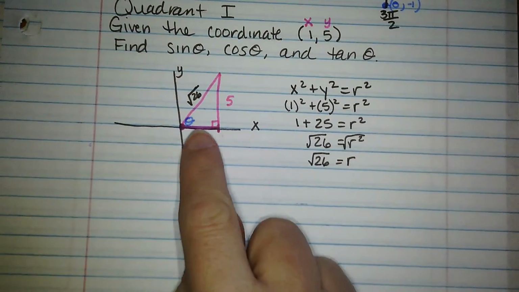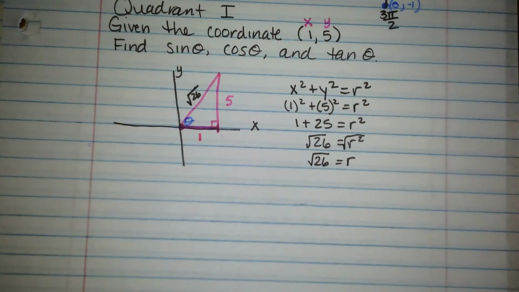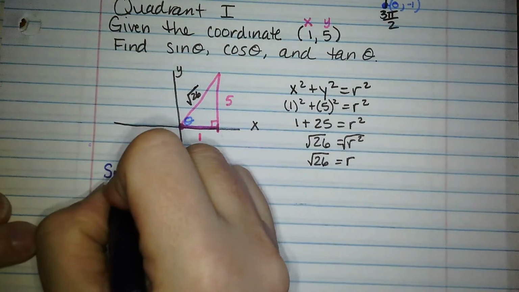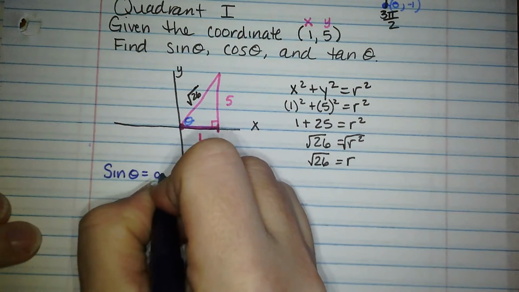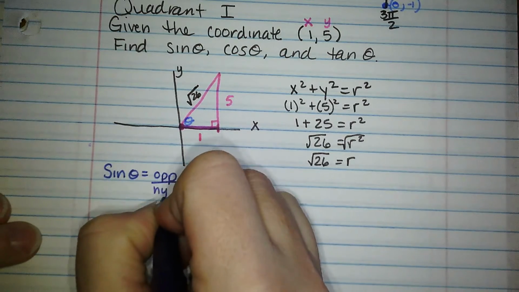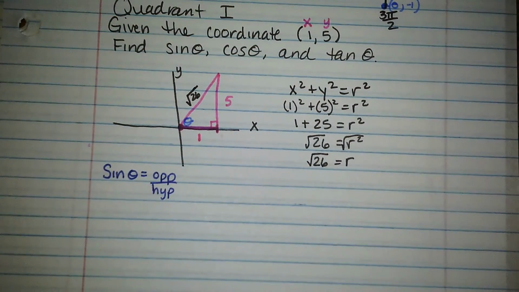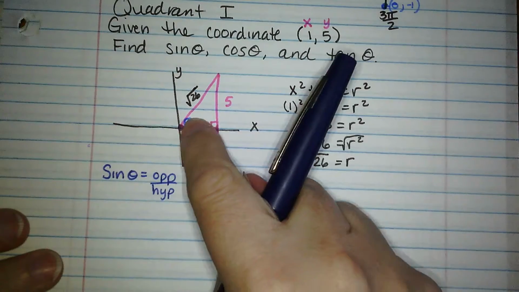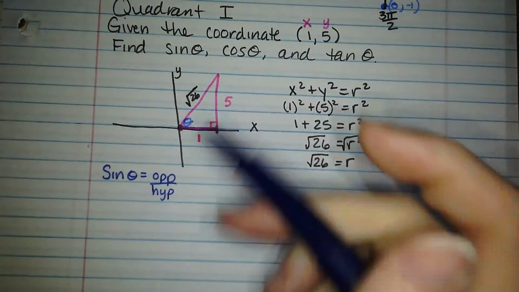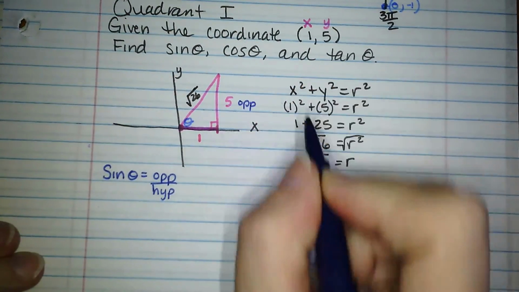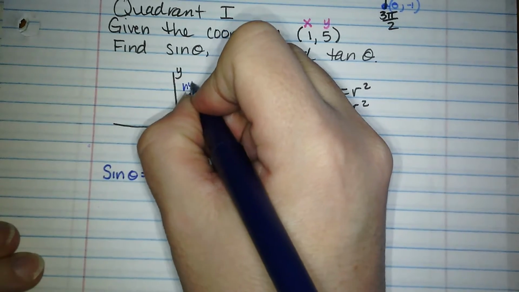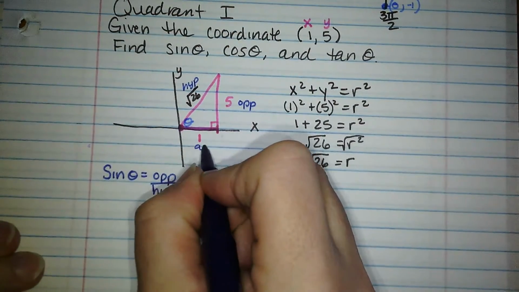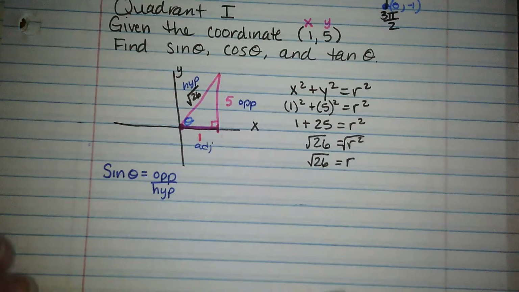You see, if I was going to do basic right triangle trig, I know that the sine of theta is opposite over hypotenuse. But look at how fast we can do this, because I know the opposite side is 5. I know the hypotenuse is square root of 26, and I know the adjacent side is 1 because it's between the angles.